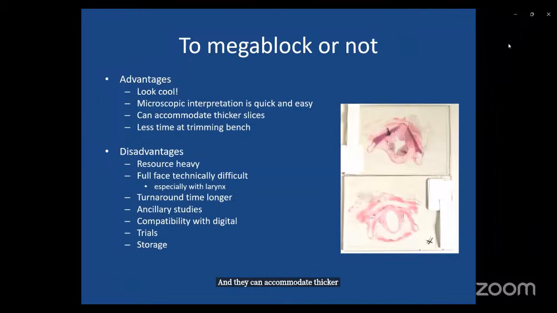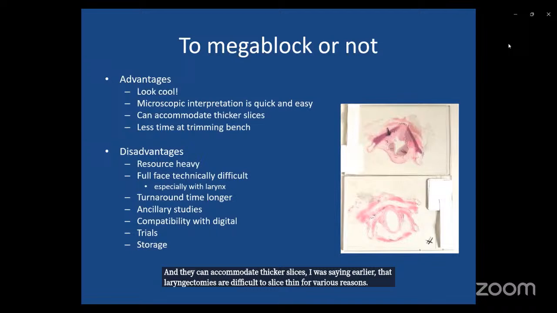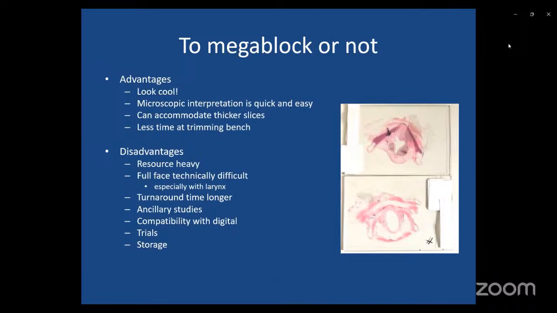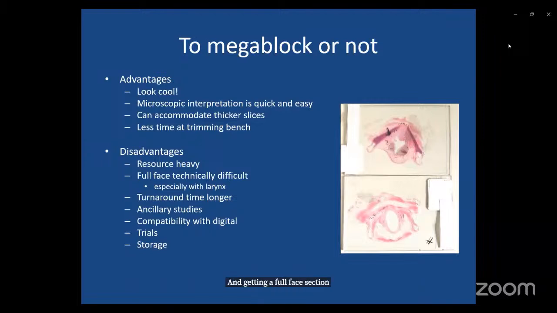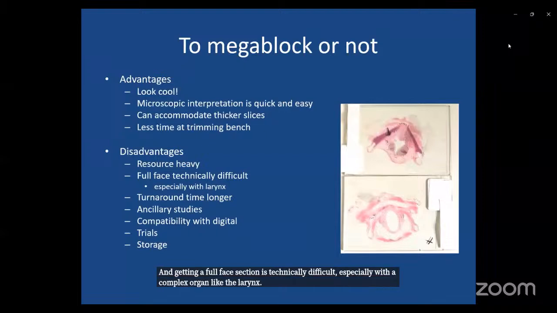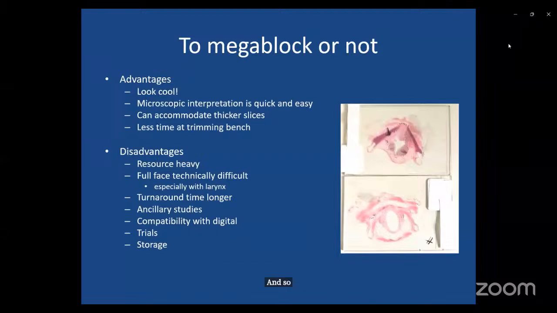I was saying earlier that laryngectomies are difficult to slice thin for various reasons, so a mega block is sometimes the best option. You have to remember that they are resource heavy, the turnaround times are long. Getting a full face section is technically difficult, especially with a complex organ like the larynx. So there are a number of disadvantages to mega blocks, but turnaround time is the main one.